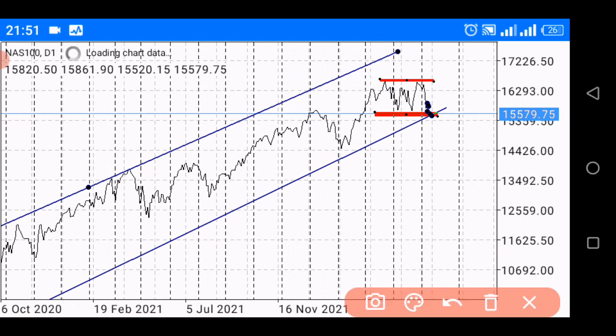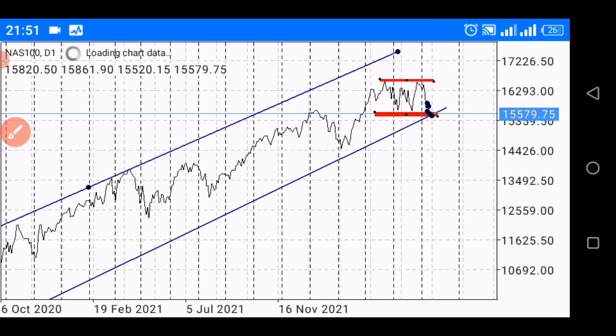But probably if it breaks it, we expect a trade profit here because Nasdaq is not fond of going down like other currency pairs and other crypto. And if it eventually comes back here, we are expecting a movement to this side, and probably that may take 2 to 3 months before we reach our target here.